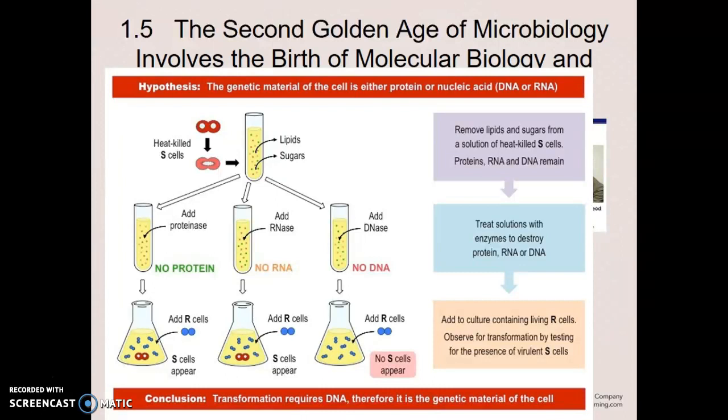In the no RNA one, you had, again, living smooth cells isolated. But in the one where there was no DNA, only rough cells were able to be isolated. There were no living smooth cells able to be isolated. So that supported the idea that the genetic material of the cell was DNA.